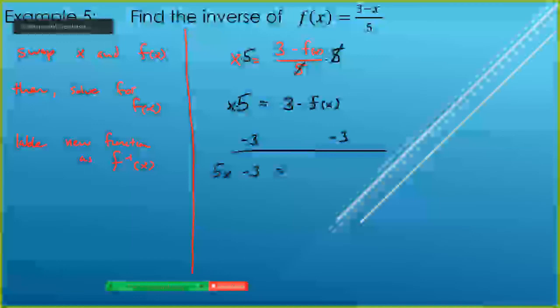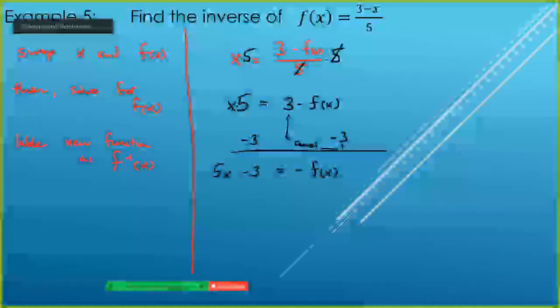So it doesn't matter if I write it as x times 5 or 5 times x. And we usually write our coefficient before the variable. So I'm going to write it as 5x minus 3. On the right side, positive 3 and negative 3 cancel. So we're left with negative f of x.